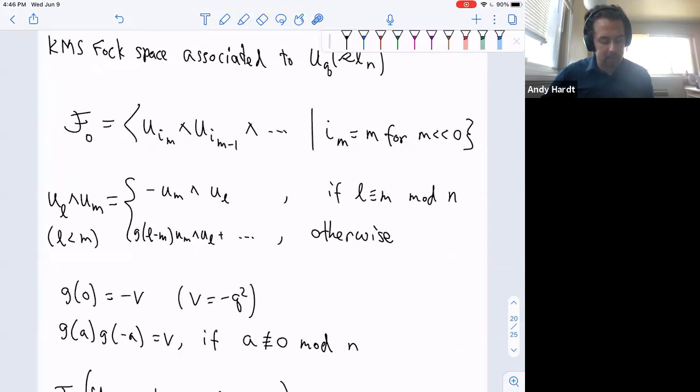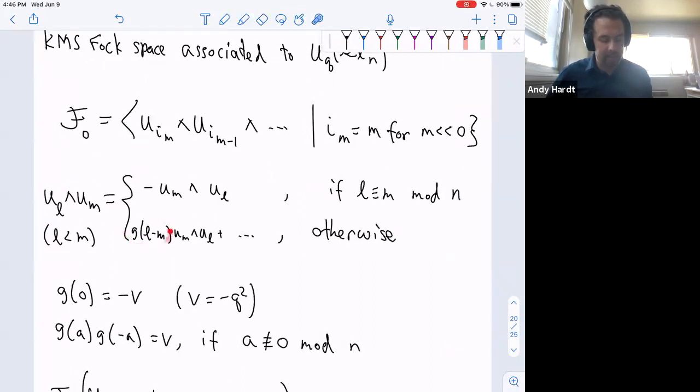And otherwise, you get this thing involving what's often a Gauss sum, but in that paper, they generalized it to any function mod n, and it could potentially be generalized a little further than this, but any function mod n such that G_0 is equal to Q squared, so negative v, and G_a times G_{-a} is equal to v.